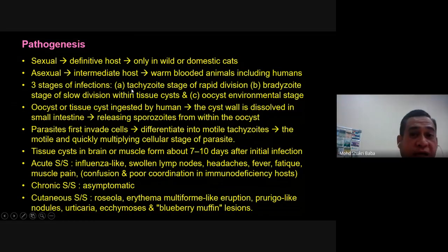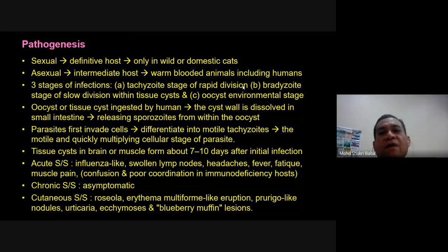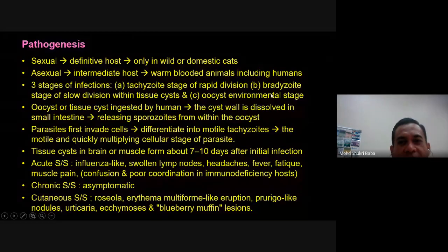Tachyzoid memang berlaku division yang agak cepat, alright. And then you also can find bradyzoid in the slow division within tissue cyst, and oocyst pula berlaku ketika di luar environment, semasa the environmental stages.